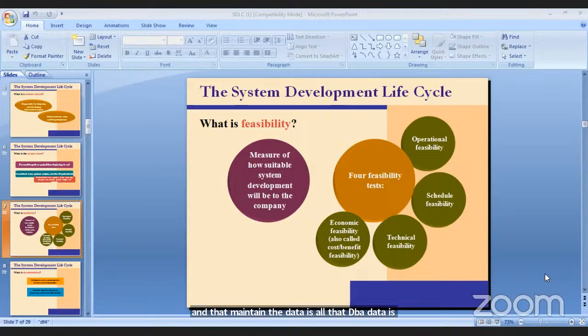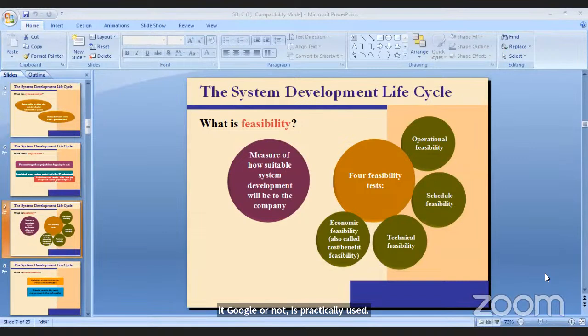Next, the third one is the operational feasibility. In operational feasibility, you have to test whether the system which is developed for a firm or an industry or an organization is operable or not, is practically usable in that site or not.